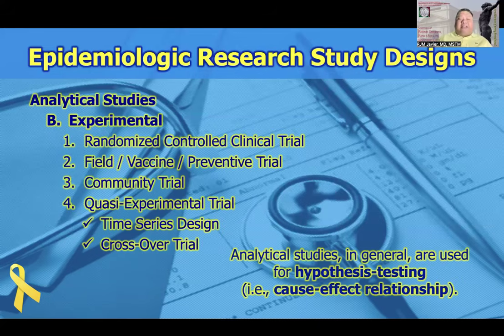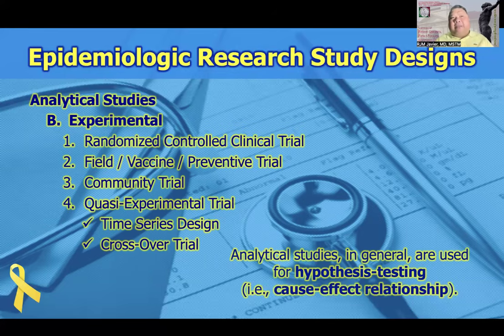Now, there are various types of experimental study designs. Going through them very quickly, you have your randomized controlled trial, you have your field or vaccine, or what we call your preventive trial, you have your community trial, and you have your non-randomized quasi-experimental trials, which would include your time series design or your crossover trials.